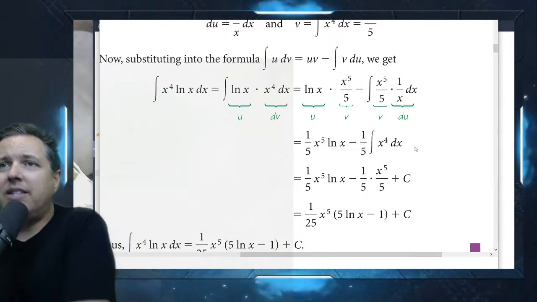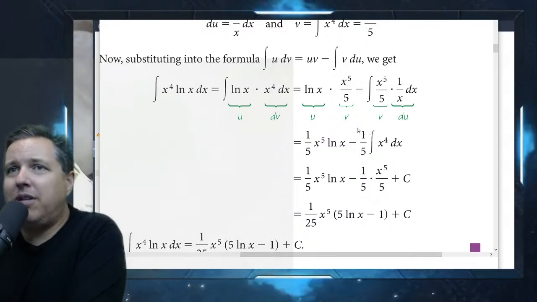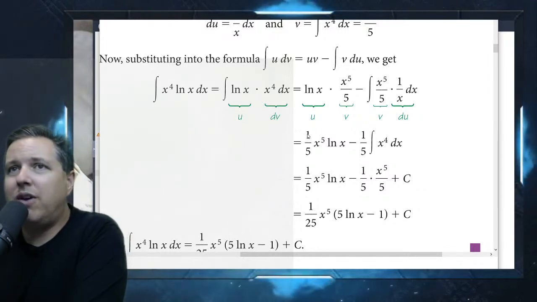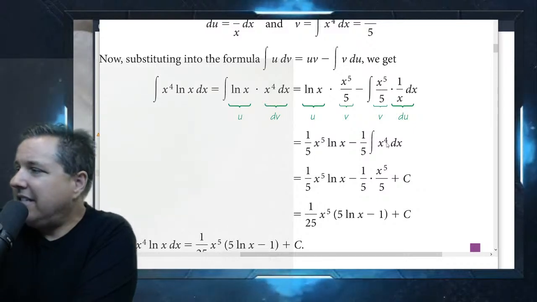And one thing that's nice about this formula is half the formula isn't even an integral, right? Look at this first part. It's just some algebra right there. So we have 1/5 x to the 5th natural log of x. Okay, nothing to do there. Then we have this integral over here. We pull the 1/5 out front. Well, the integral of x to the 4th dx is easy.